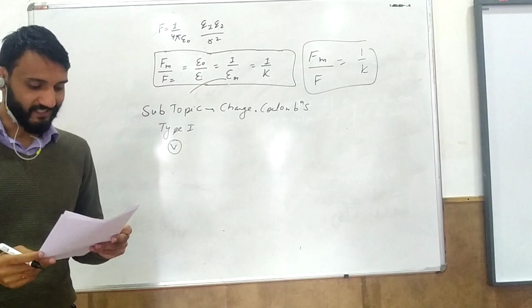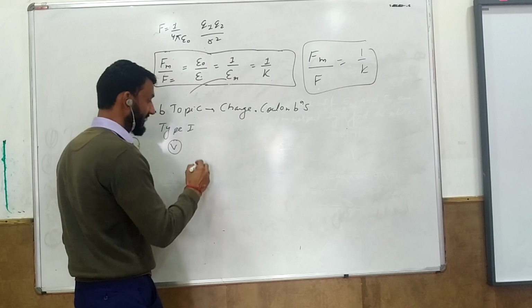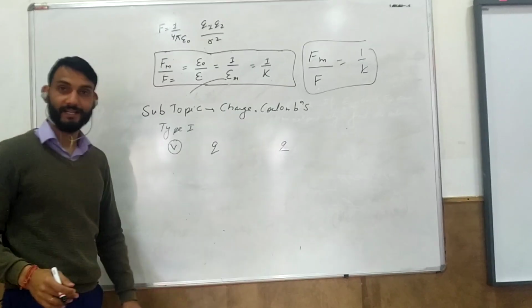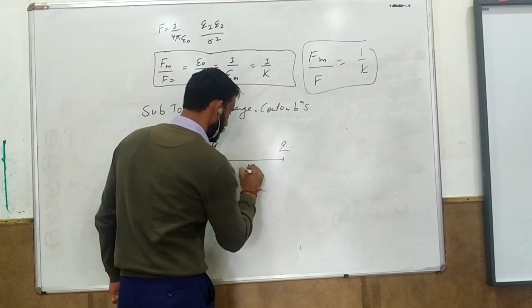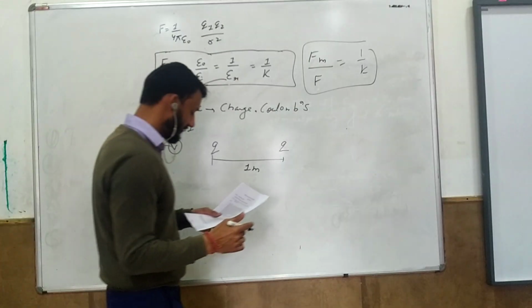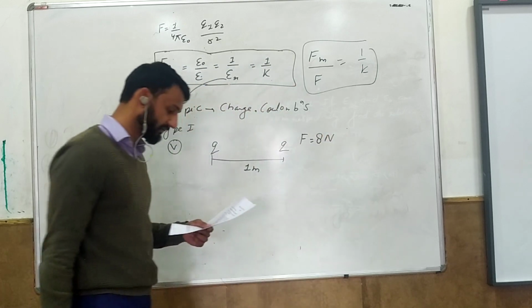This question reads out: two point charges having equal charges. Let us assume both have equal charge Q. They are separated by a distance of 1 meter, which is also given in the question, and they experience a force of 8 Newton.